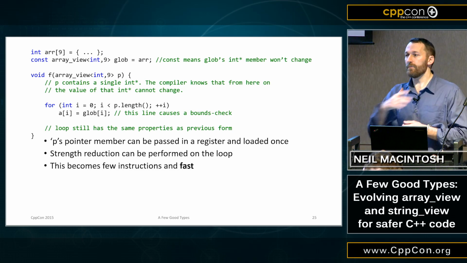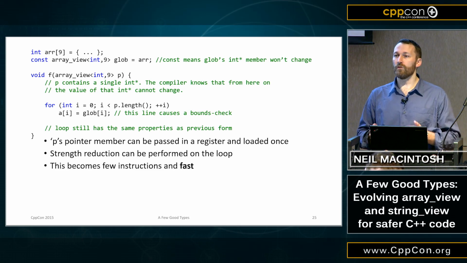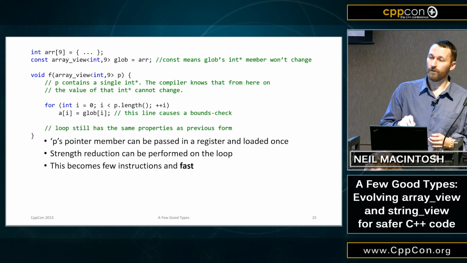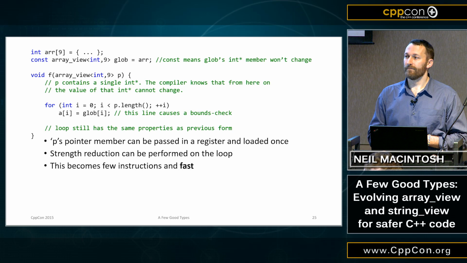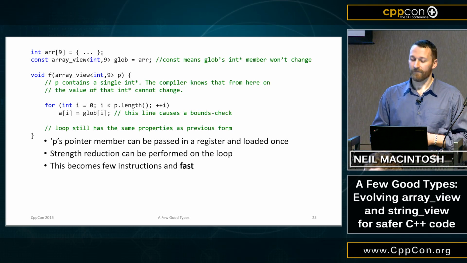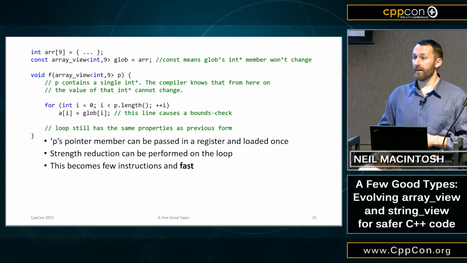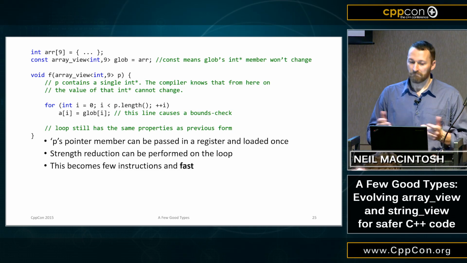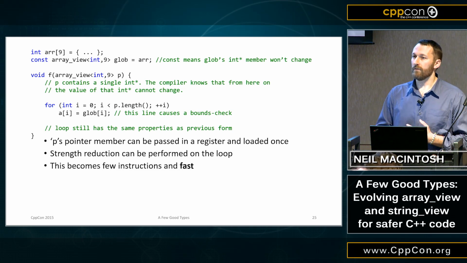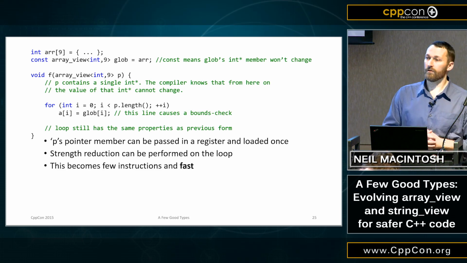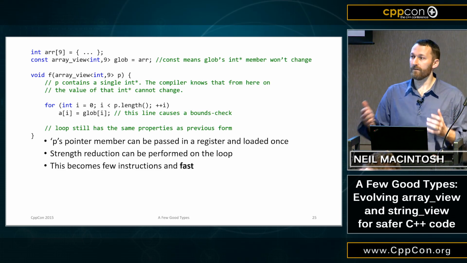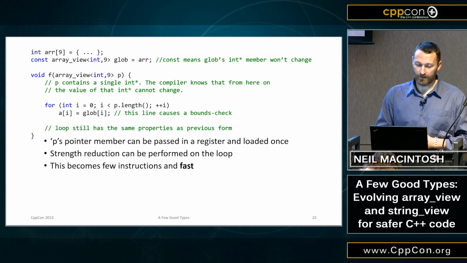It can't be aliased with everything else. There's no other function call you can do inside this function that can change the value of P. Awesome. So if the function itself doesn't change the value of P in any way, that means that pointer value is effectively constant for that function. Didn't even need to put const on the array view. It's just by definition. Fantastic.